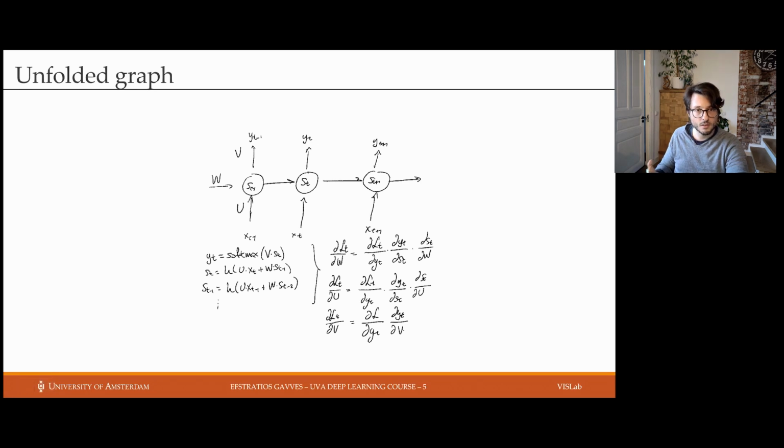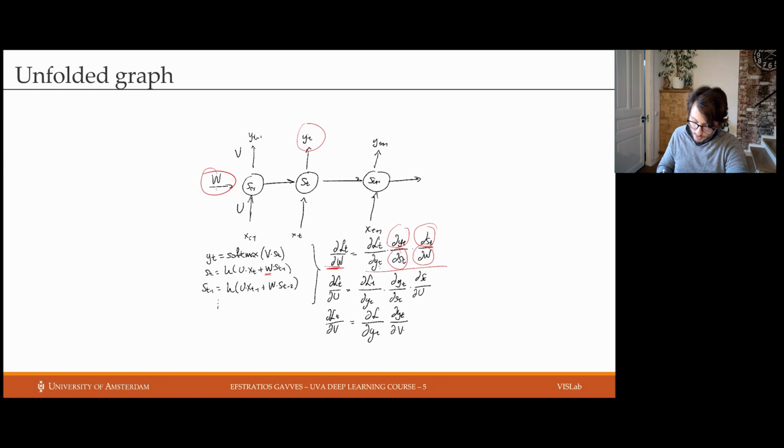If we are to compute now the gradients with respect to the memory parameters W, they are derived by the chain rule as follows. We take the derivative of the loss with respect to the output, then the derivative of the output with respect to the current state S_T, and then the derivative of the current state with respect to the parameters W that influence that state.